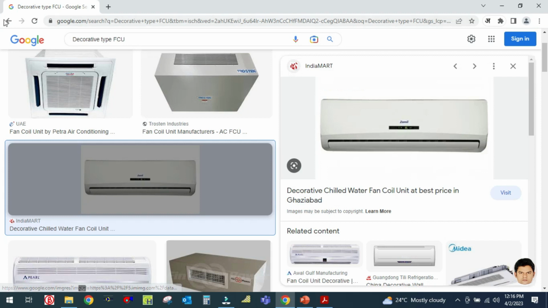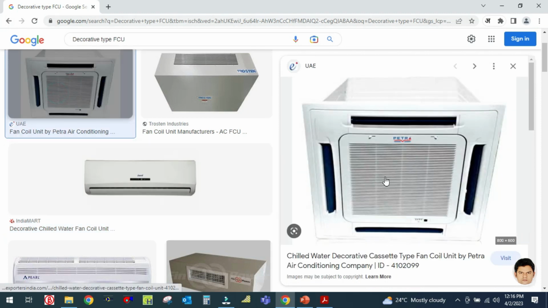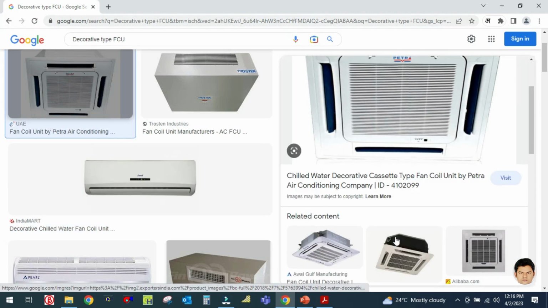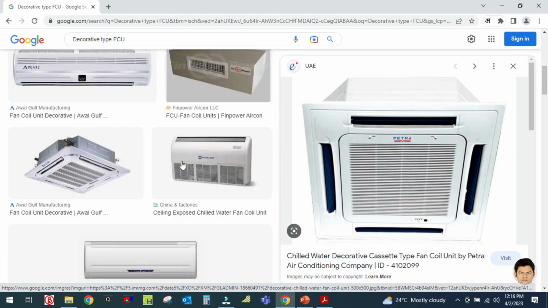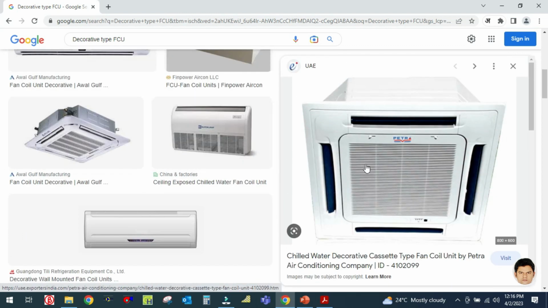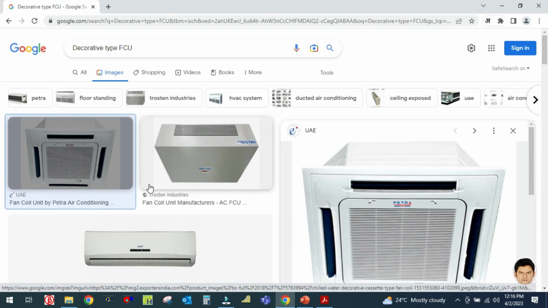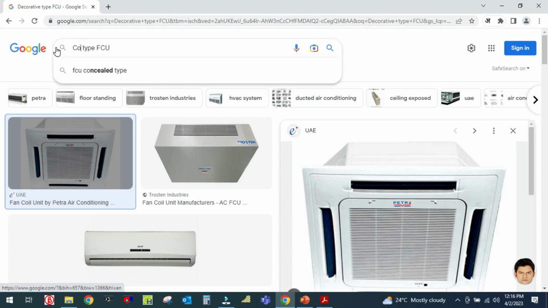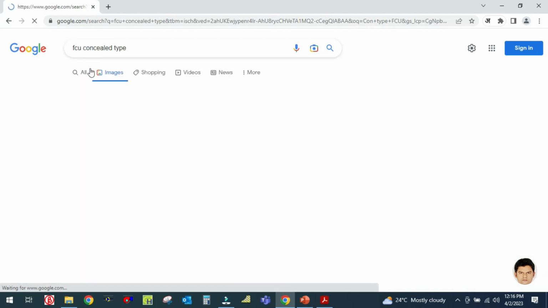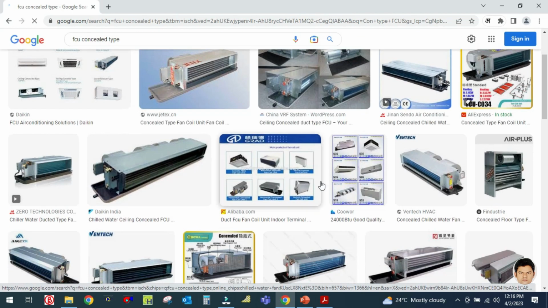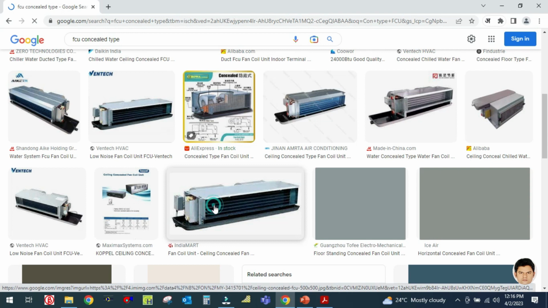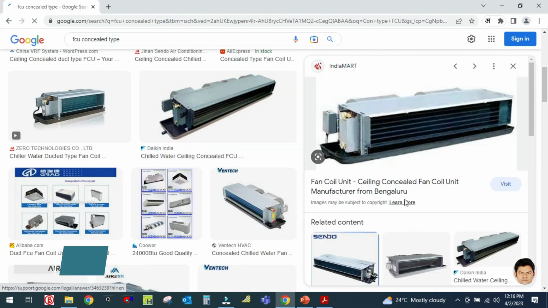This is also a fan coil unit, called FCU. This decorative type cassette unit, this is a cassette unit actually, but is called decorative type fan coil unit. And the second type is concealed type fan coil unit. These are the concealed type fan coil units.